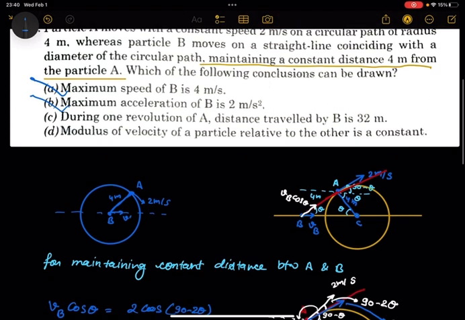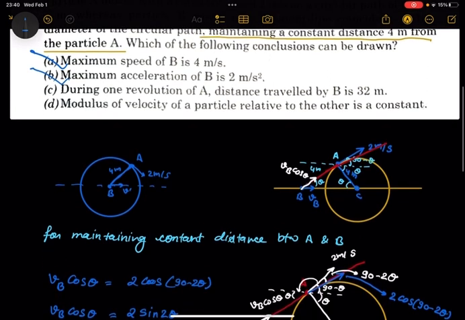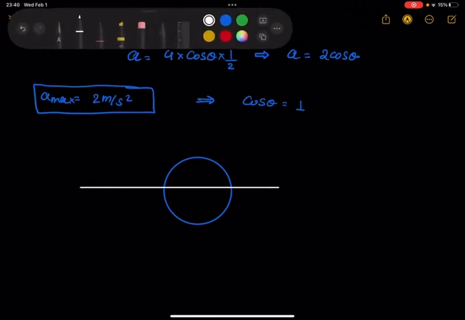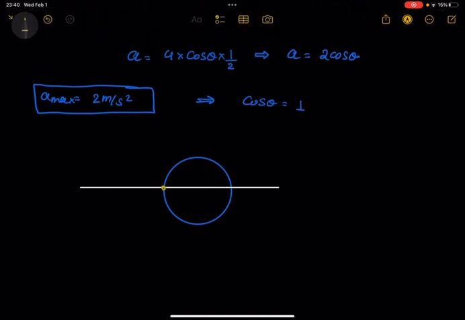Now, during one revolution of A, the distance traveled by B is 32 meter. Okay, I want to show. Suppose this is a circular path of A and this is a diameter line. So once A is here, B is here, and A is moving in this direction with a speed of 2 meter per second, and B is moving with a speed of V. In this case, this is 4 meter distance.